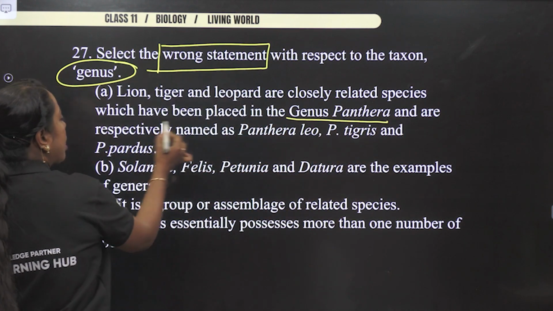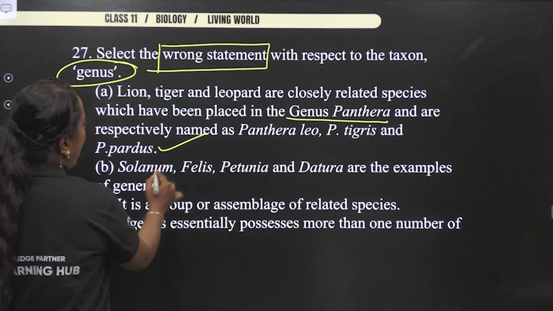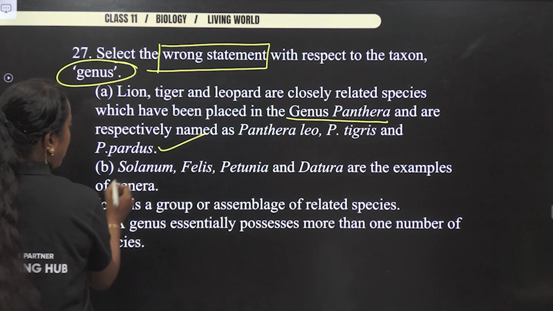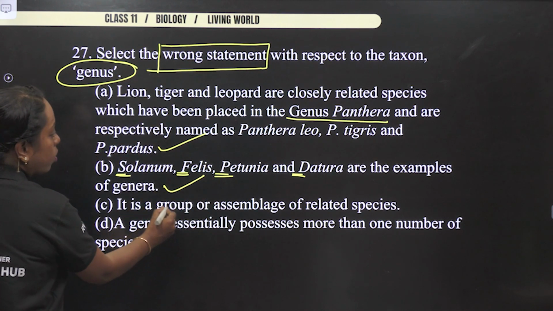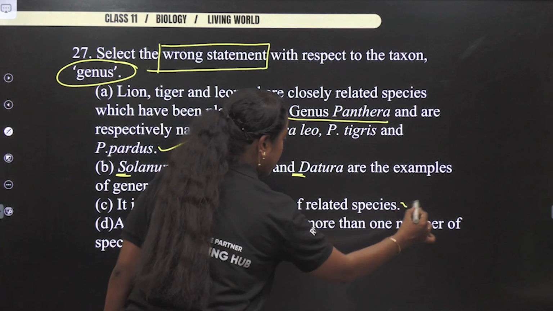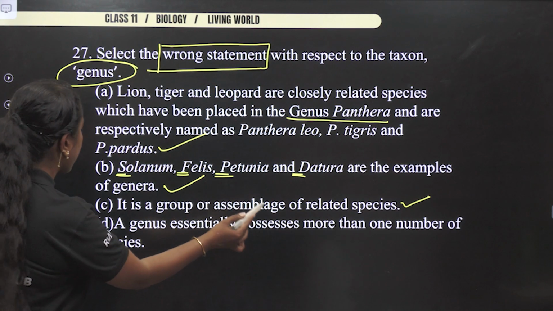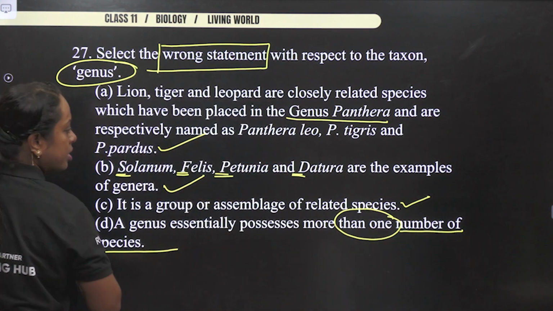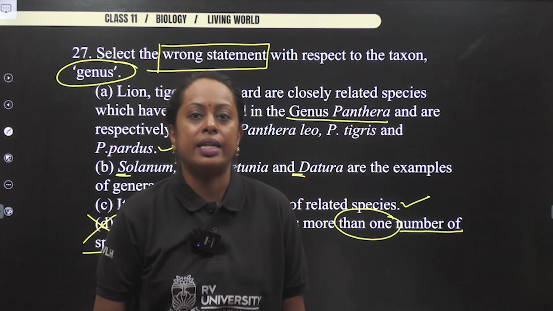So they are respectively named Panthera leo, Panthera tigris. Yes, correct. Solanum, Felis and Petunia and Datura are examples of genera. See the starting letters. Yes. It is a group or assemblage of related species. Yes. Okay. A genus essentially possesses more than what? One number of species. So this is going to be the wrong statement. So the answer becomes option D.